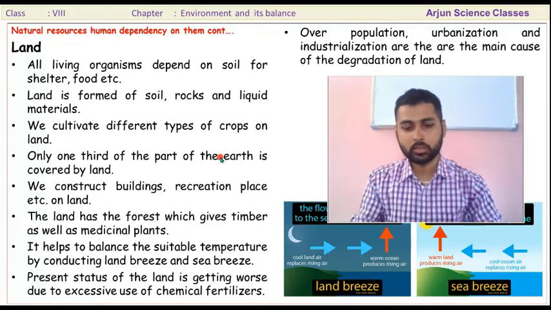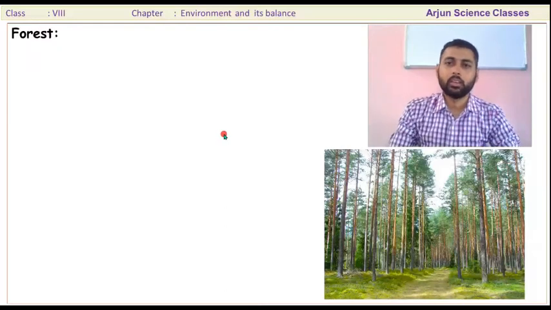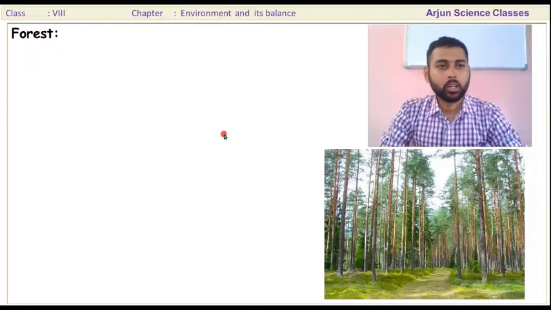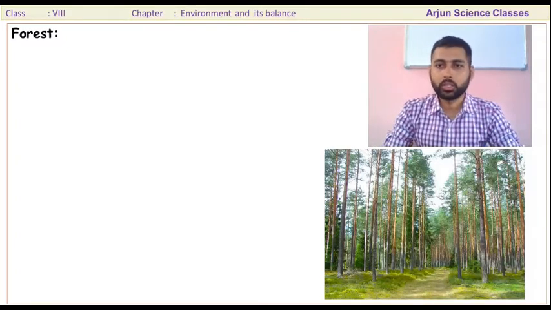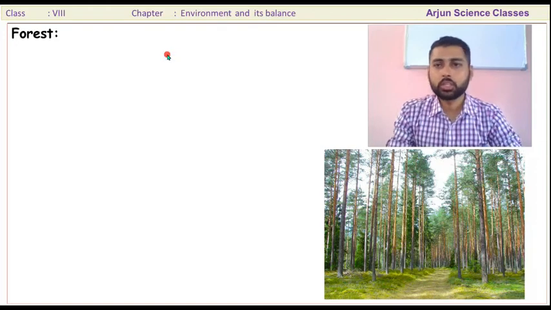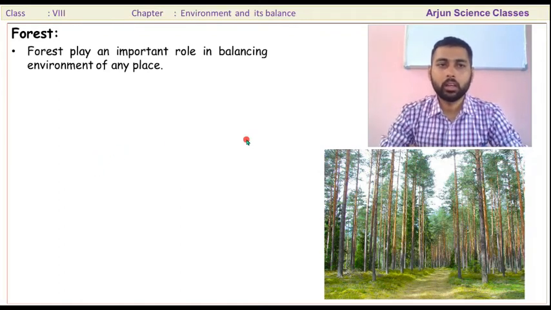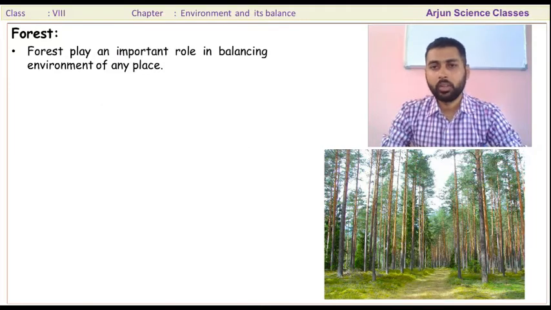Dear students, we have been discussing the dependency of human beings on natural resources. And now I'm going to describe another natural resource, that is forest. Forest plays an important role in balancing the environment of any place.